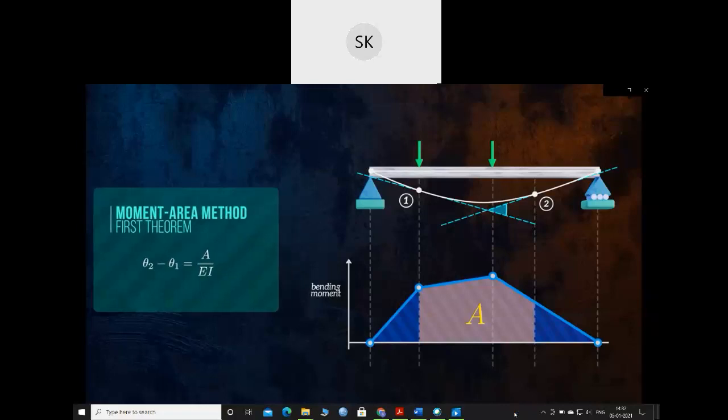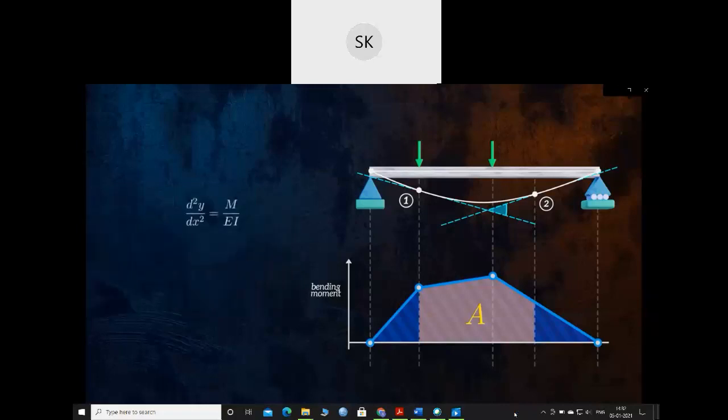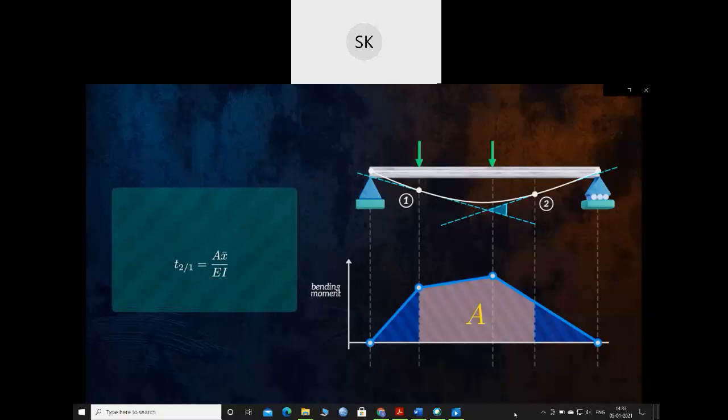If we rewind and multiply both sides of the deflection differential equation by x before integrating, we can get another useful equation. This time, the integration is a bit more complicated, since we need to use integration by parts. But we end up with this expression, which is the second moment area theorem.